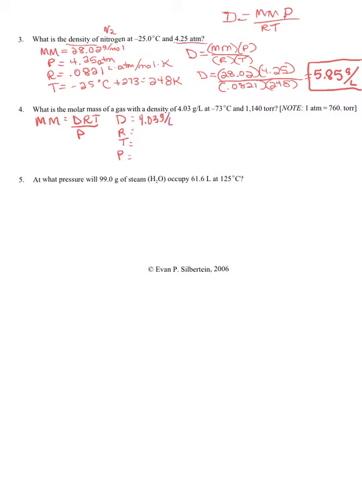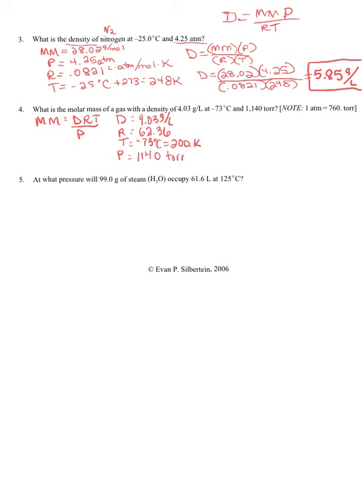R, I'm going to wait because I'm going to check on my pressure first of all, which they tell me is 1,140 torr. Now I know I'm going to use my R value of 62.36 because I have to match my R with my pressure. Temperature is negative 73 degrees Celsius, so I add 273, and that makes it 200 Kelvin.